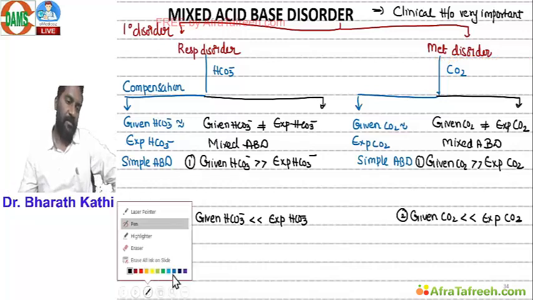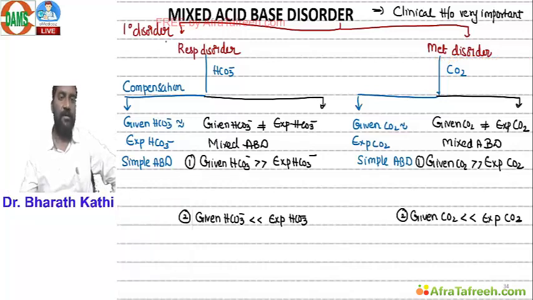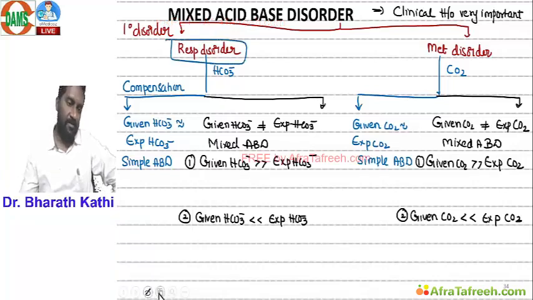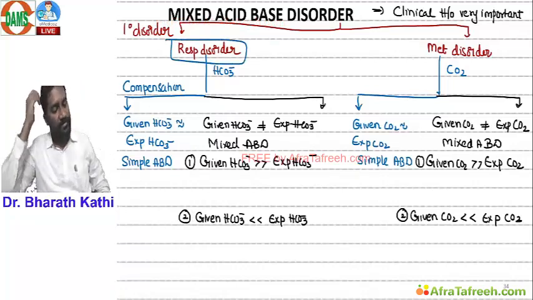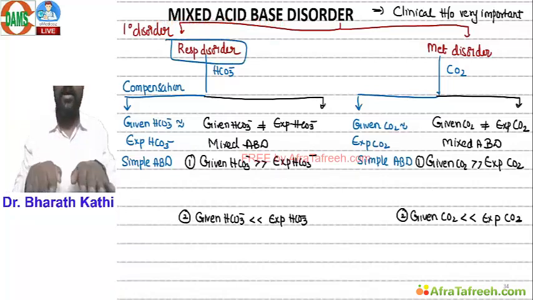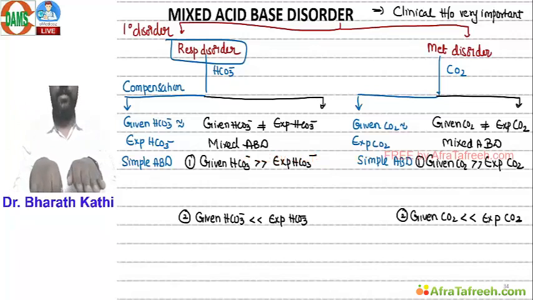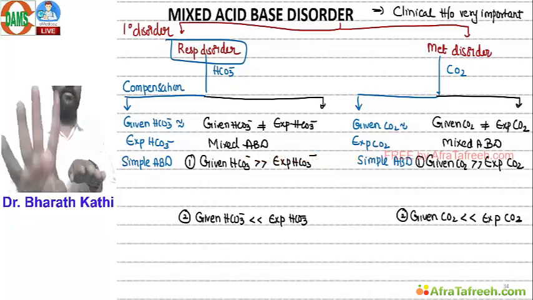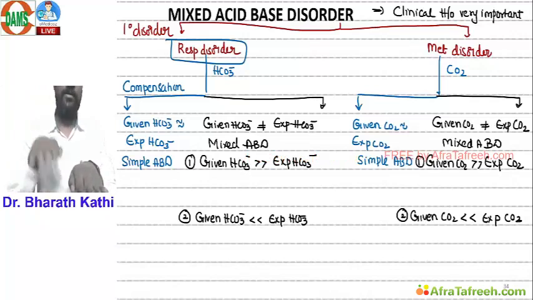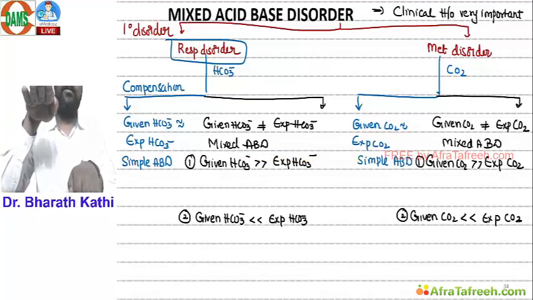First we will see mixed acid-base disorder with a primary respiratory disorder. Say for example, there is a patient with COPD. As a part of COPD, his CO2 has increased from the normal value of 40 to 60. To call it a compensatory phenomenon, bicarbonate should increase from 26 to how much?